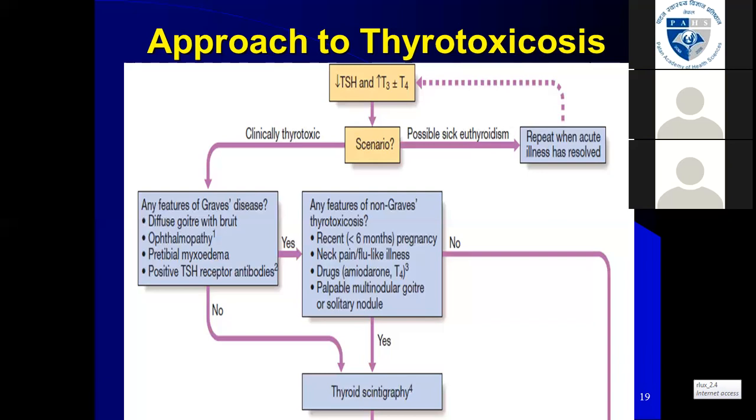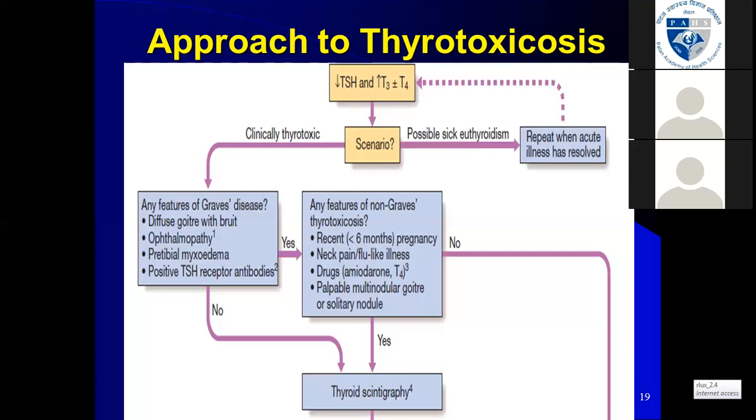Because in acute illness, in acute trauma also, sick euthyroidism can be seen. So clinically, if there is thyrotoxicosis, then we have to go for the features of Graves' disease, because 80% of the patients might have hyperthyroidism from Graves' disease.